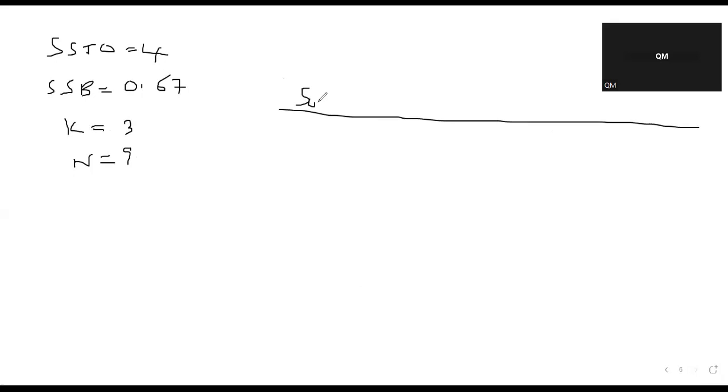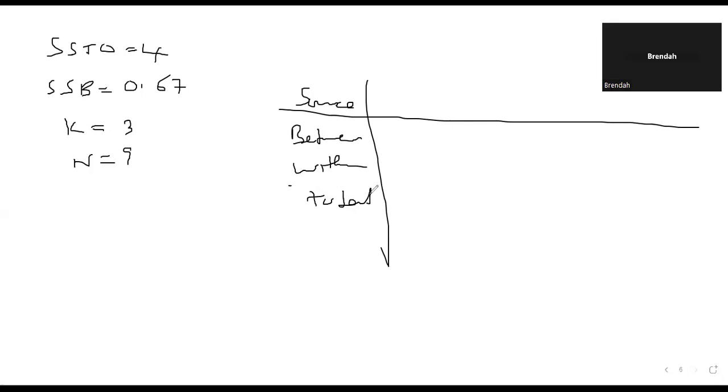So let's build up the table. We have 3 sources. What are the sources? Between, within, and total. So what is the sum of squares between? Here, 0.67.